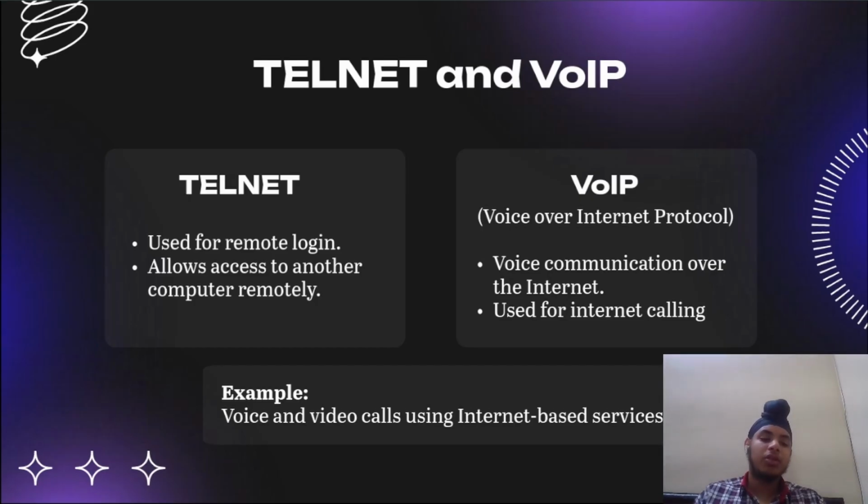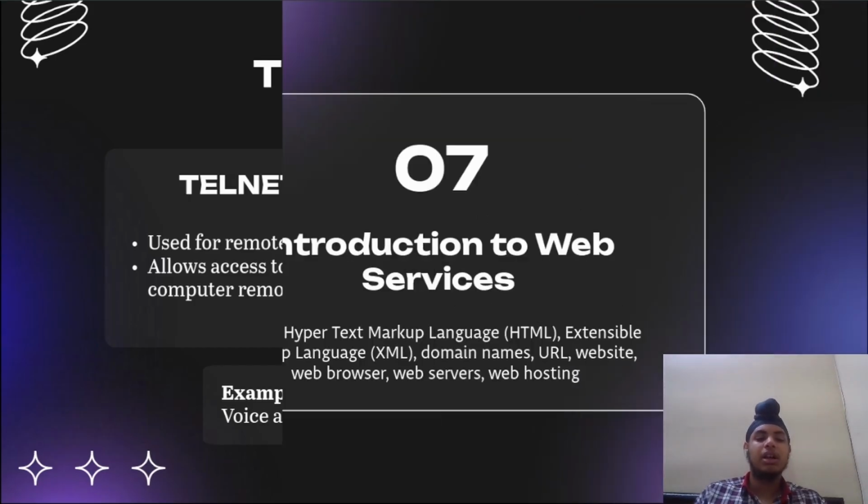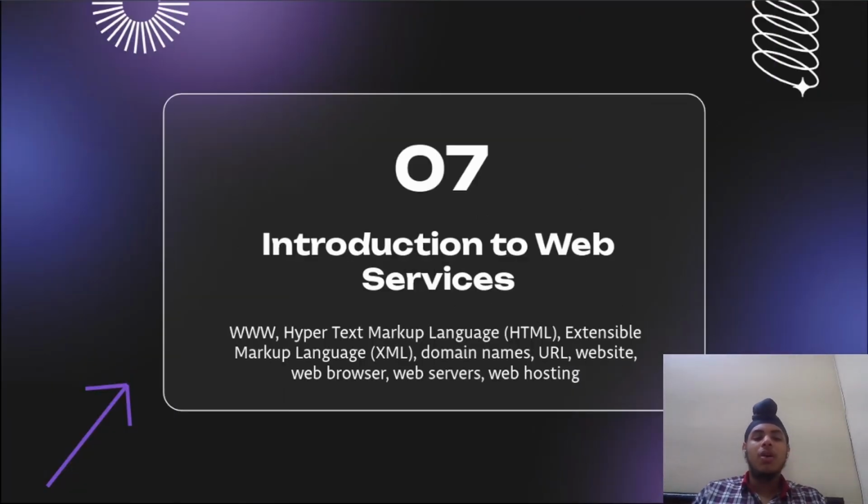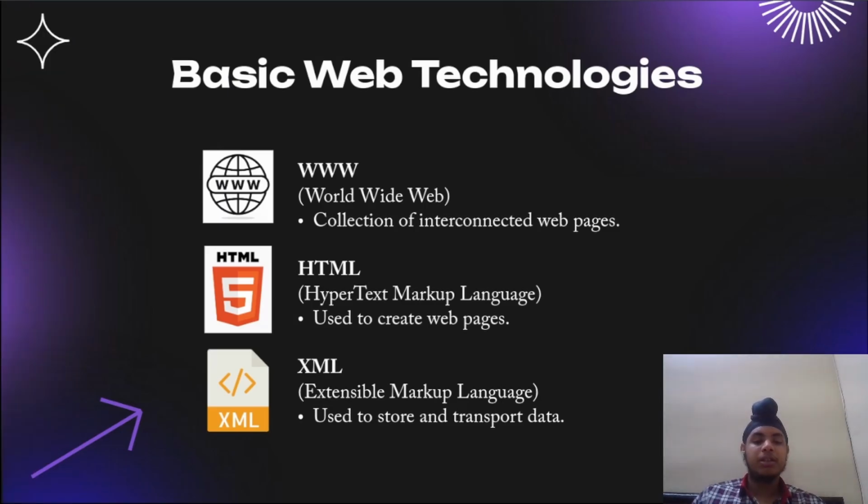Let's move on to the last section, Introduction to Web Services. Now let's first learn about the basic web technologies that are WWW, HTML and XML. WWW stands for World Wide Web.